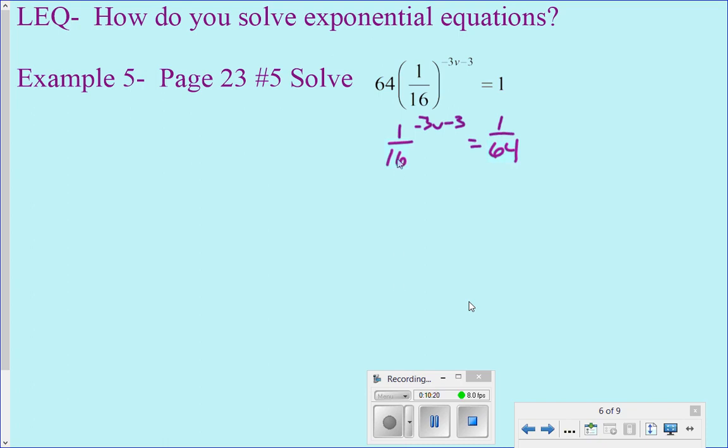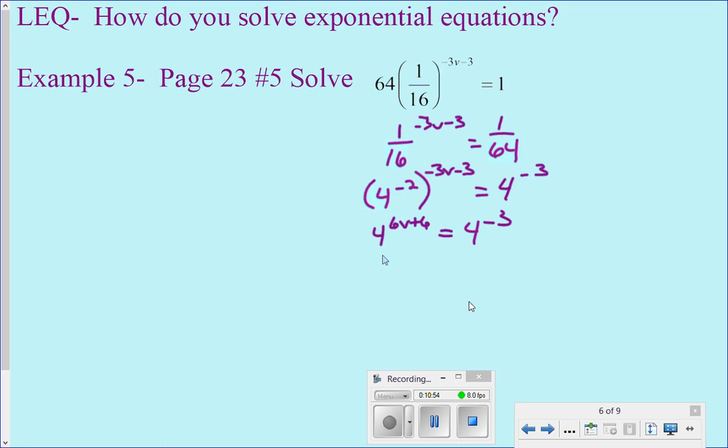So I know that 1/16 is 4 to the negative 2, so I'm going to replace 1/16 with that. I know that 4 cubed is 64, so 4 to the negative 3 power is 1/64. So now I'm going to go ahead and distribute my negative 2 to the negative 3v minus 3. So that gives me 6v plus 6 and 4 to the negative 3.